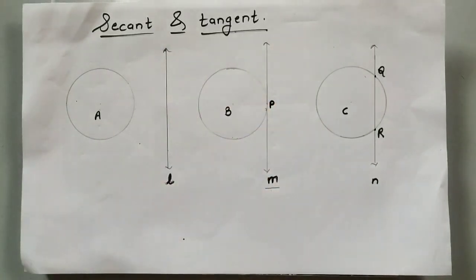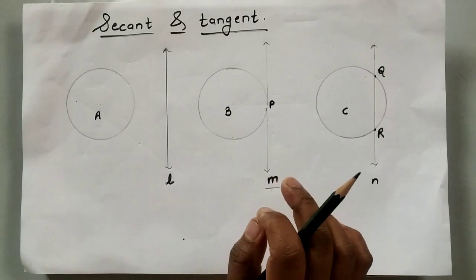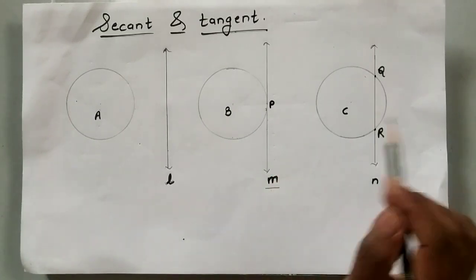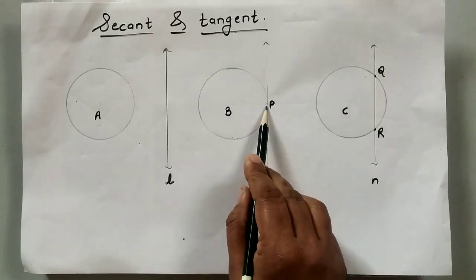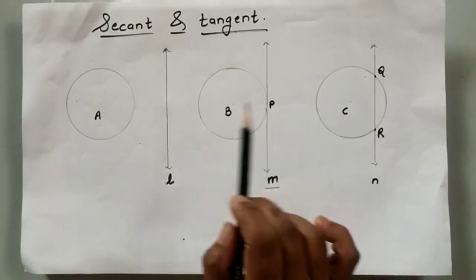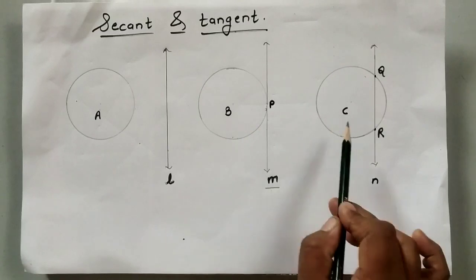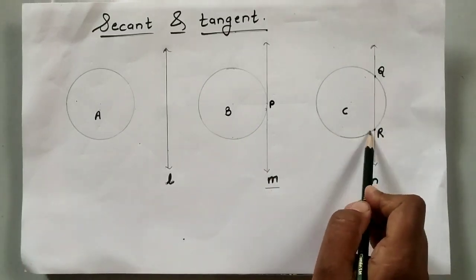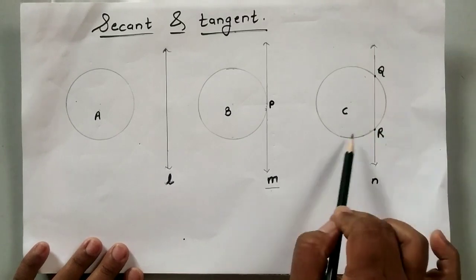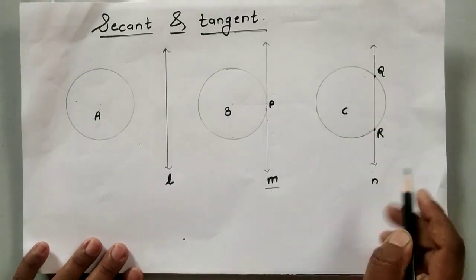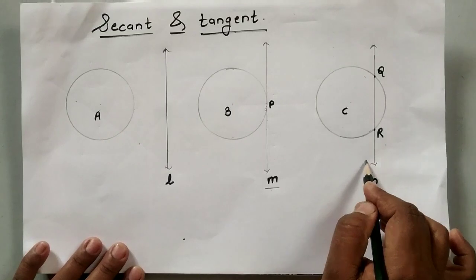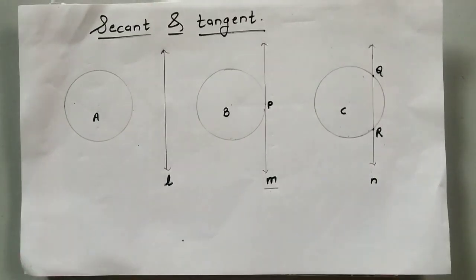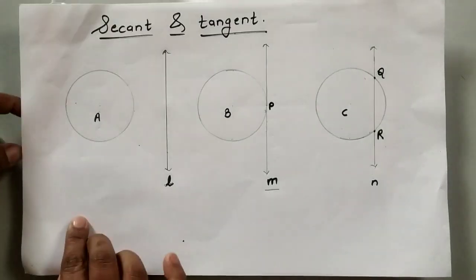Point P is the point of contact of the tangent and the circle. In the third figure, there are two points of contact between the line and the circle, so line N is the secant for the circle.